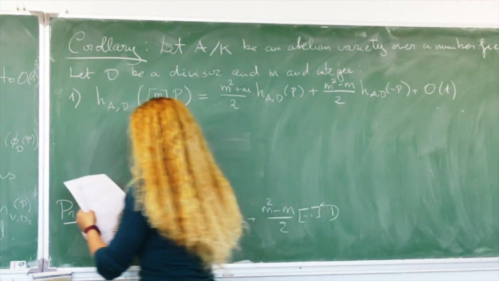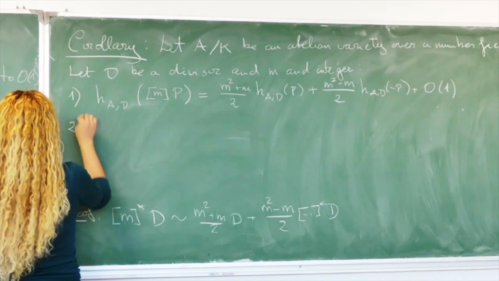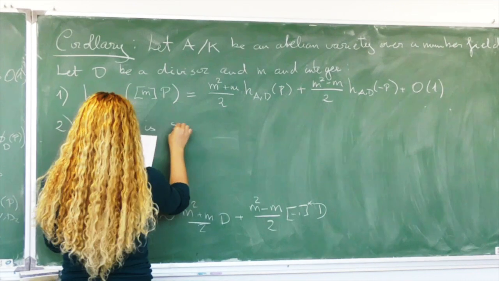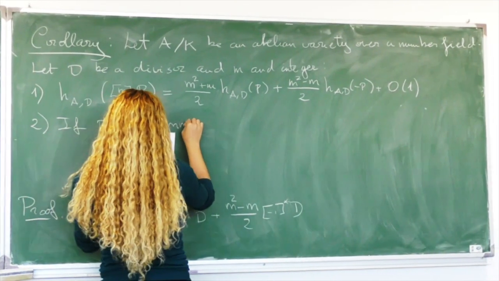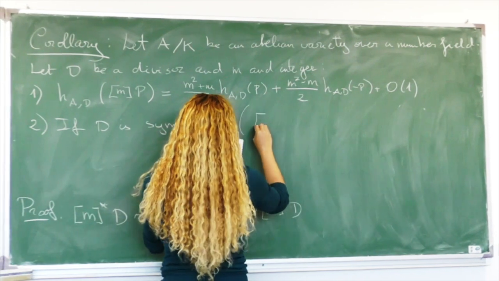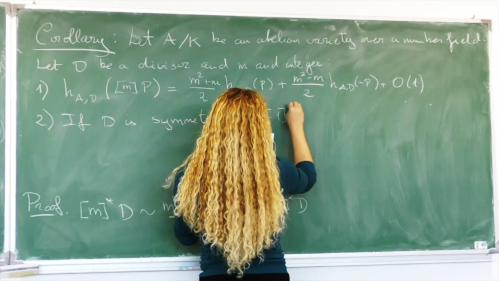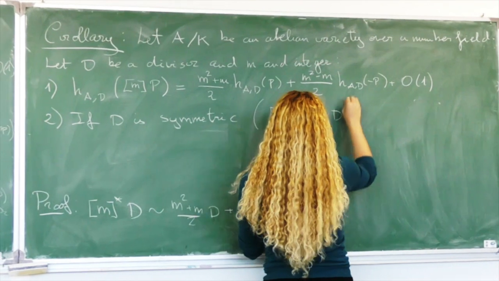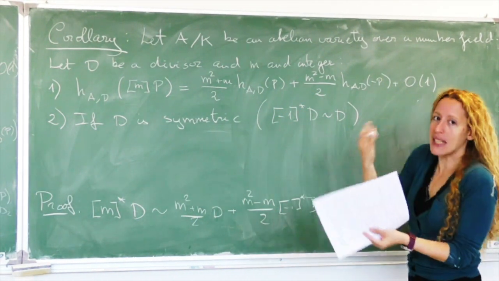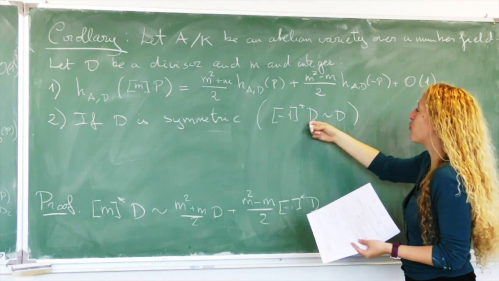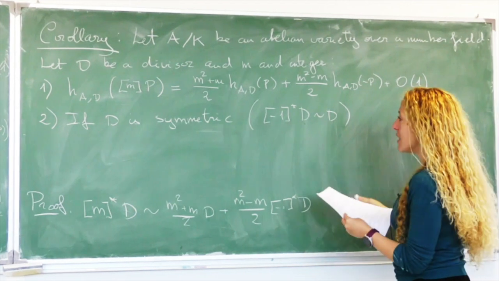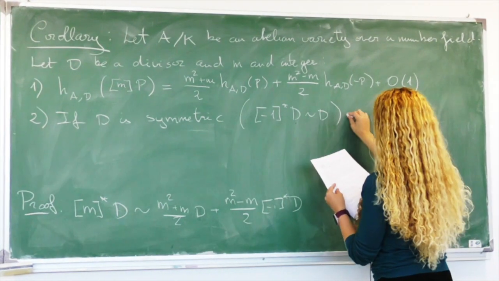Okay? So property 2: if D is a symmetric divisor, I recall this means that D is equivalent to minus D, where minus D means the push forward of D by multiplication by minus 1 on the abelian variety. So if D is symmetric, that means this happens.